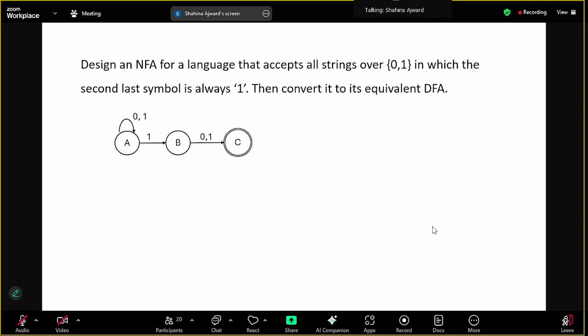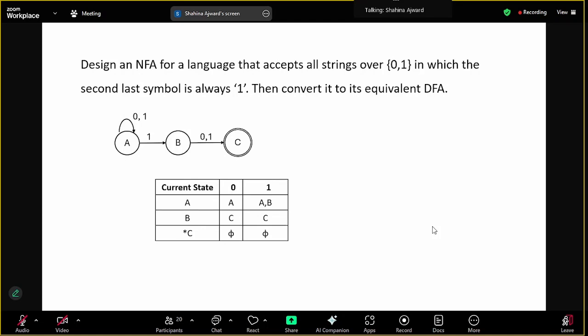But 0, 0 or 0, 1 cannot be accepted, right? And we can have 0, 1, 0 and 1, 1, 0, right? Okay.